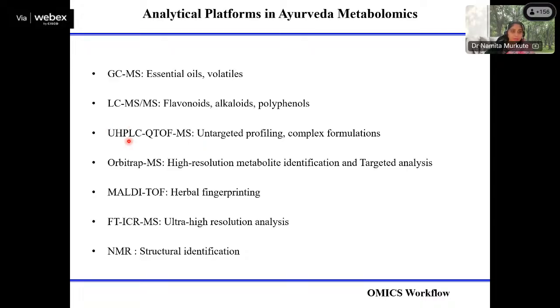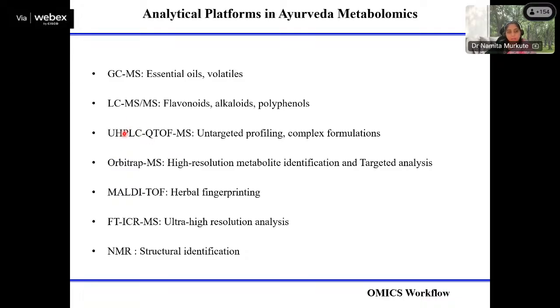And UHPLC is nothing but HPLC, but ultra-high pressure HPLC. Before giving the sample to the mass spec, you fractionate the sample so that you reduce the complexity.